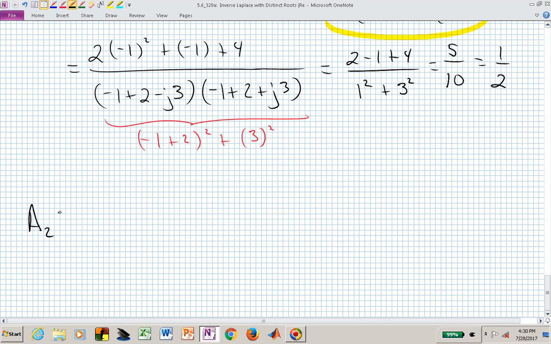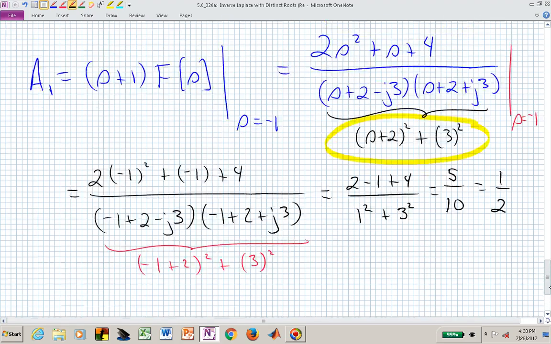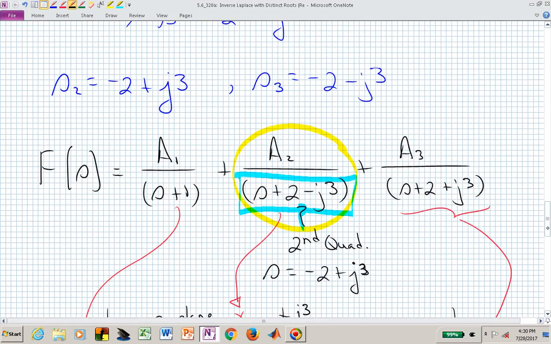A sub 2 is now going to be found by multiplying capital F of s by the factor underneath A sub 2, which is s plus 2 minus j3.